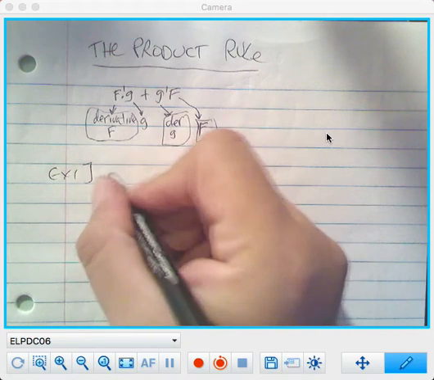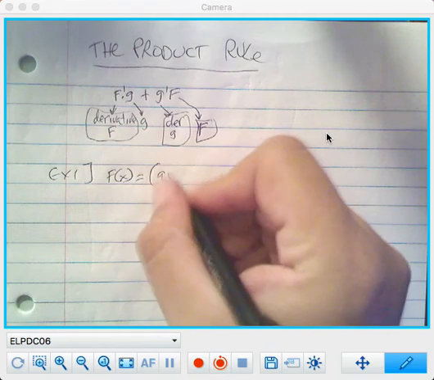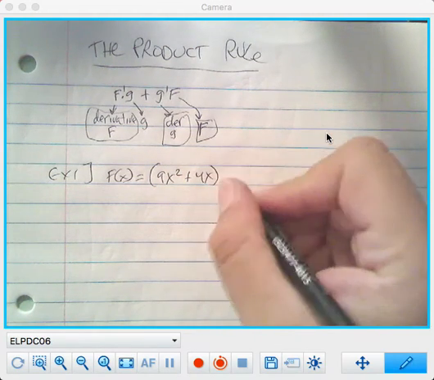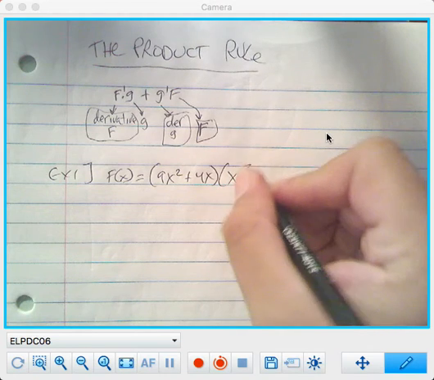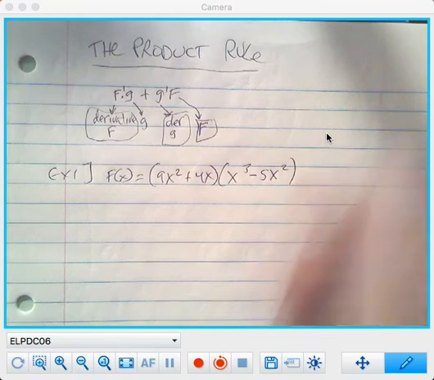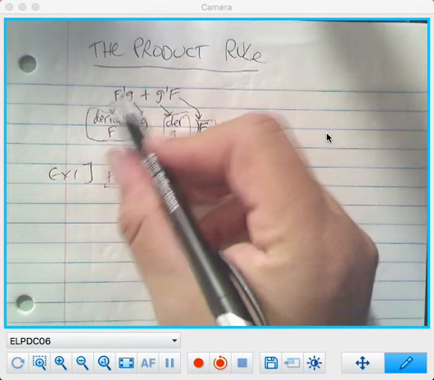We have f of x is equal to 9x squared plus 4x times x cubed minus 5x squared. Now this f of x has nothing to do with this f.